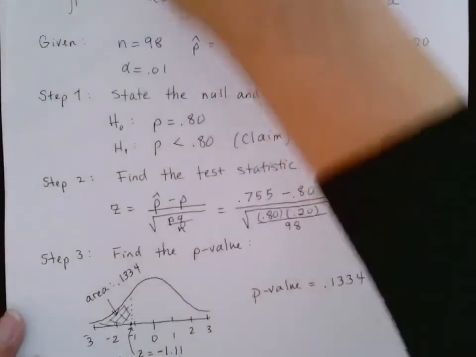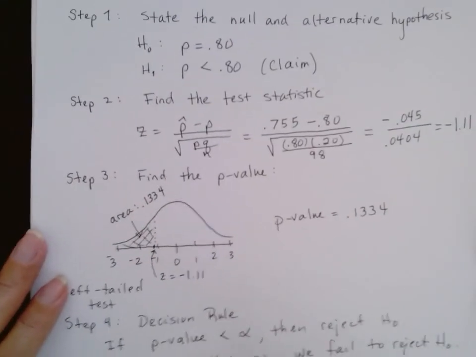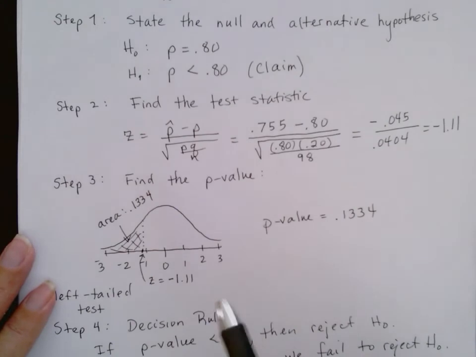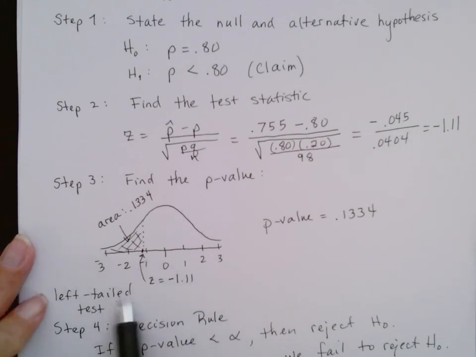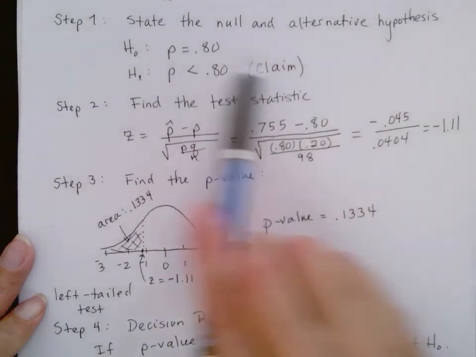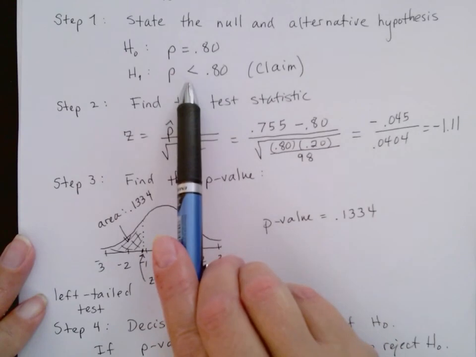Now let's look at the normal bell curve to determine the p-value based on our test statistic. I've drawn out the standard normal z curve, and I've located on the graph where negative 1.11 is. Because the alternative states less than, I know it's a left-tailed test.